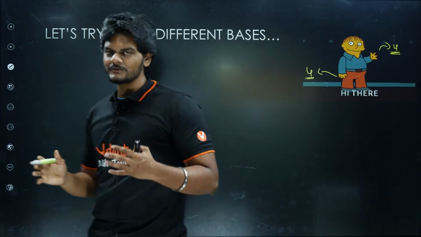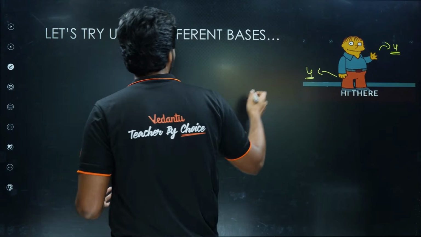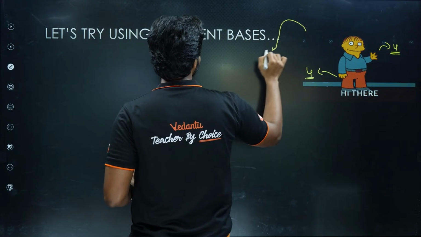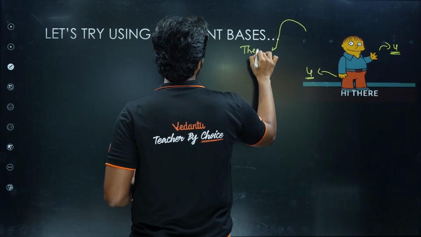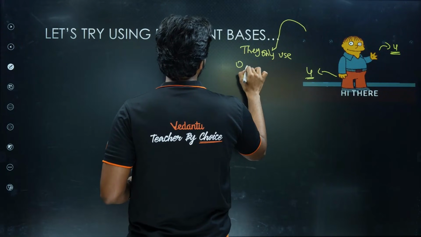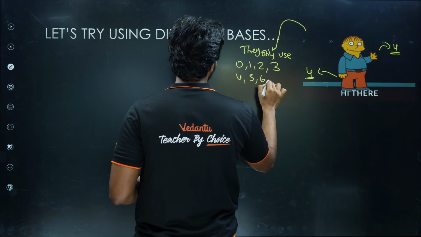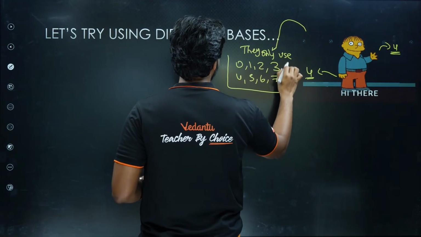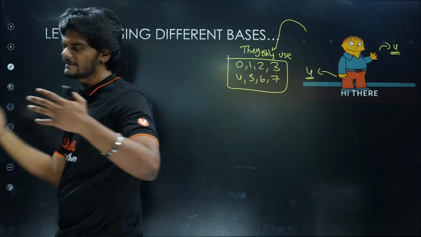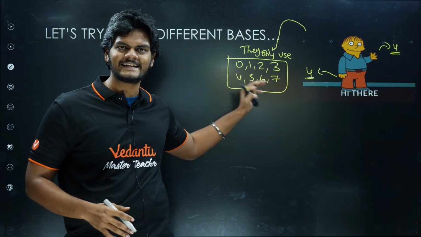So they probably use only 8 characters to denote their numbers: 0, 1, 2, 3, 4, 5, 6, 7. That's it. All of their numbers are based on only these 8 characters.